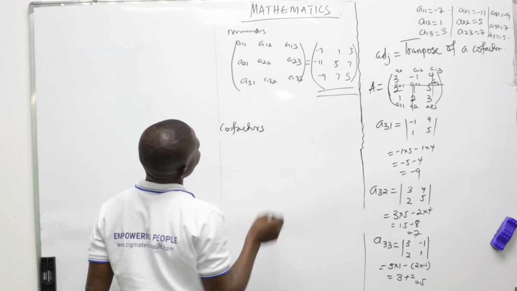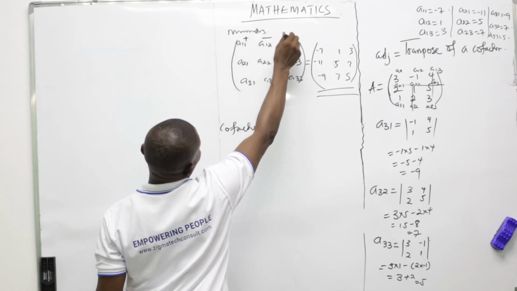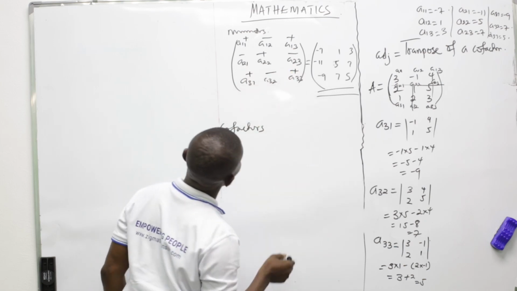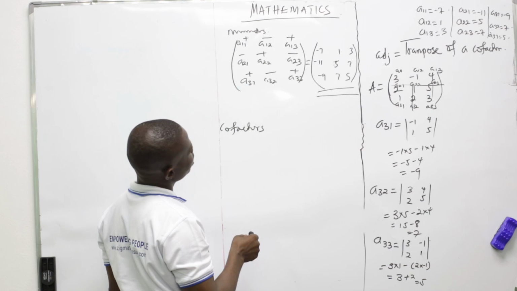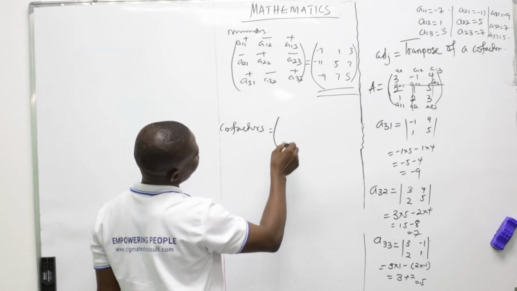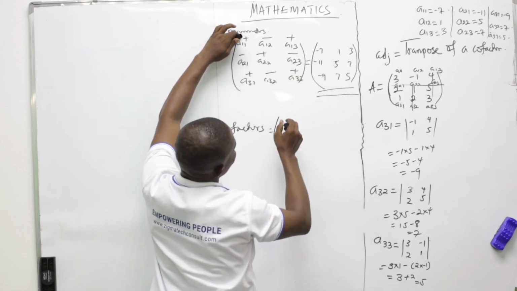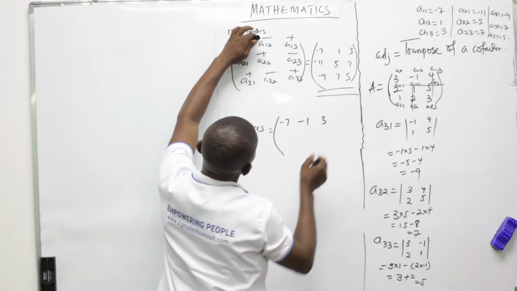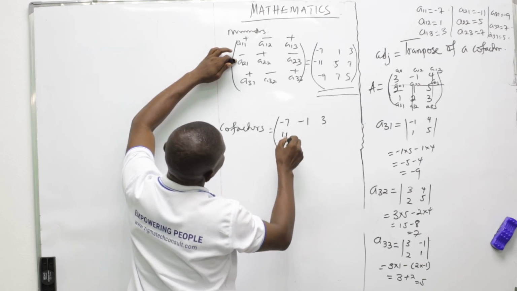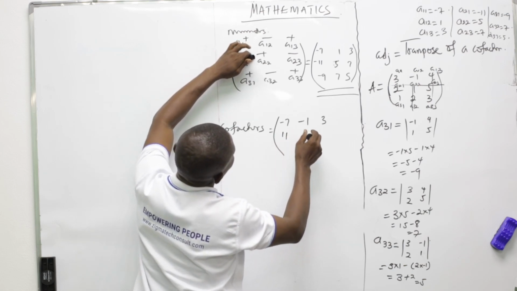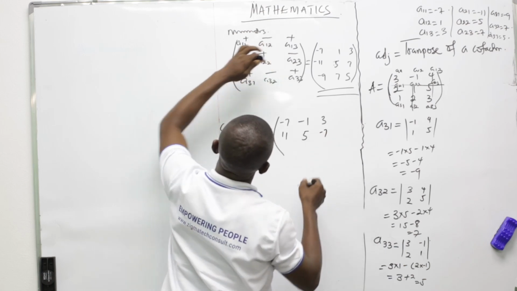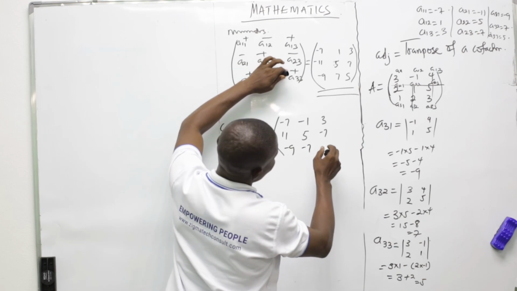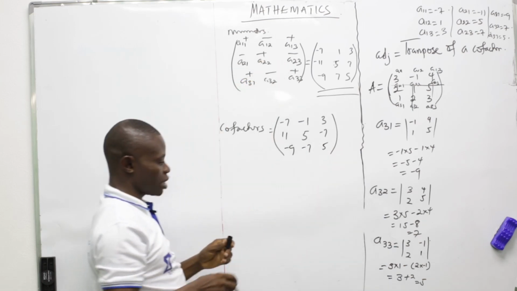Cofactors. Recall the sign pattern: plus, minus, plus, minus, plus, minus, plus, minus, plus, okay? Then the first entry is minus 7. Plus minus is still minus 7. Minus plus is minus 1. Plus plus is plus. Minus minus is plus. Plus plus plus. Minus plus minus. Plus minus minus. Minus plus minus. Plus plus plus. This is the cofactor.